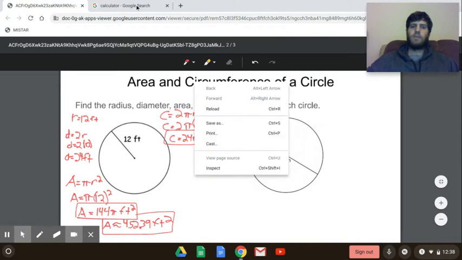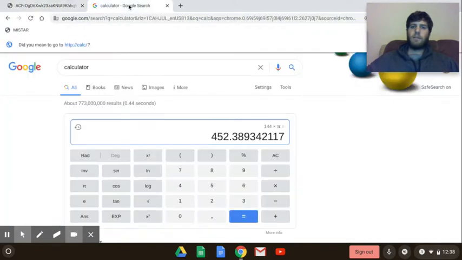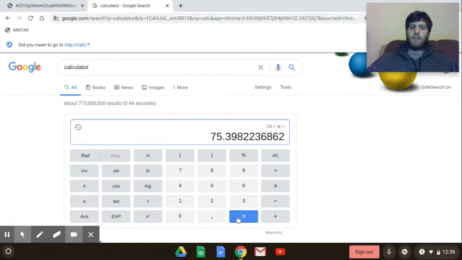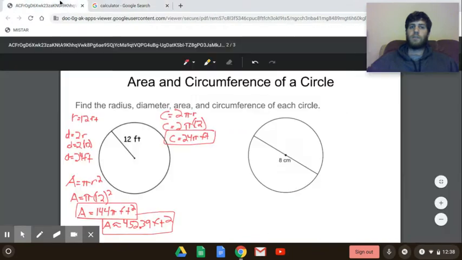But if we wanted to estimate, we could put 24 times pi into our calculator. And that's going to be 75.40. If we round that to the hundredths place, right, the 9 becomes a 10. So it becomes 75.40 feet.